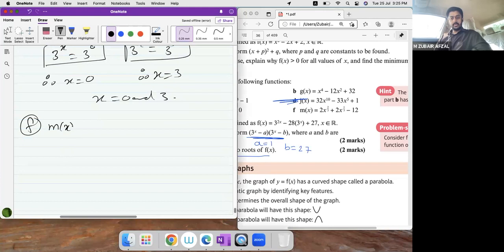m of x is equal to 2x power 2 by 3 plus 2x power 1 by 3 minus 12. Now I have to look for something which resembles. So we have this x and x. This is 1 by 3 something, this is 2 by 3 something.